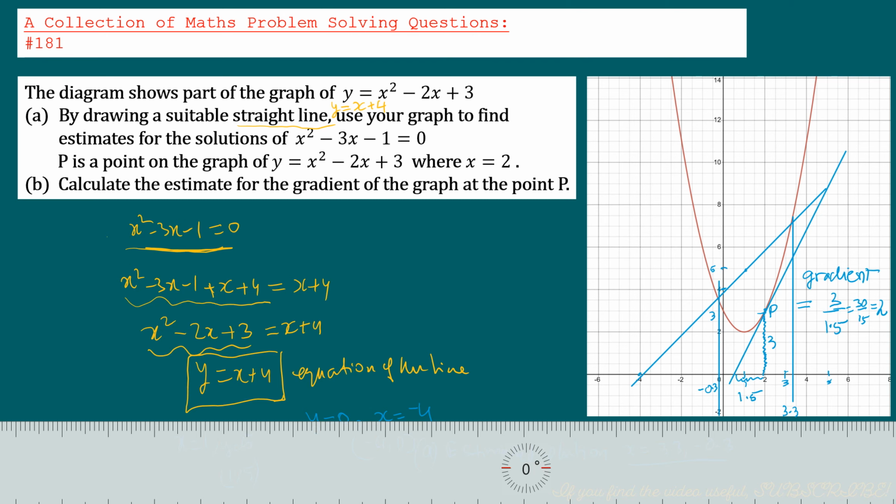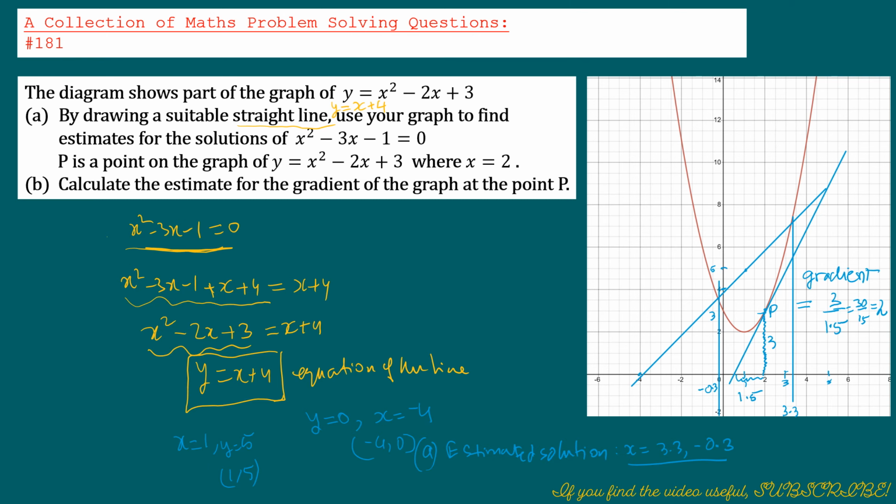So for the estimate, you can get better ones, but my estimate using the graph I have is 2. So the estimate of the gradient is 2, and I get that by 3 divided by 1.5. And I think that's the whole question answered.